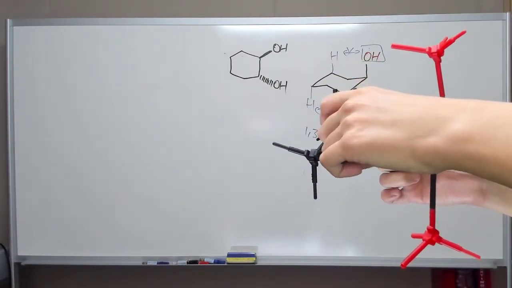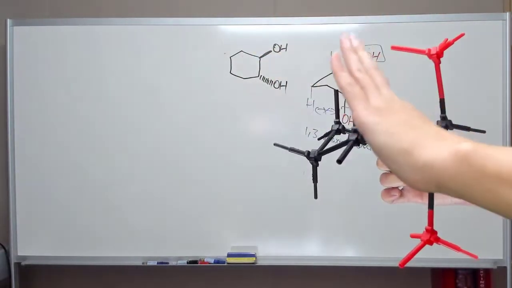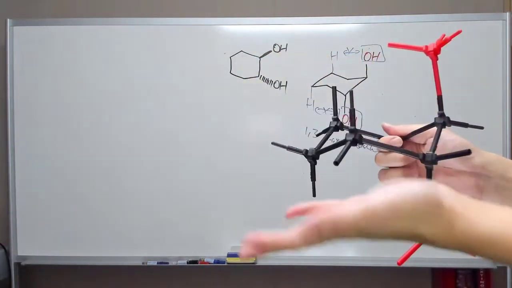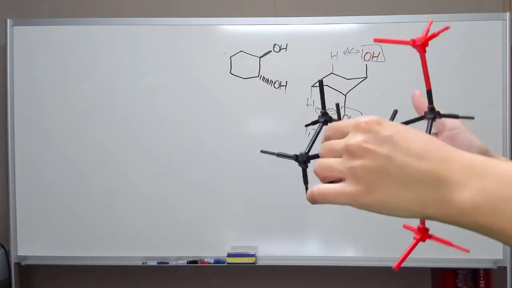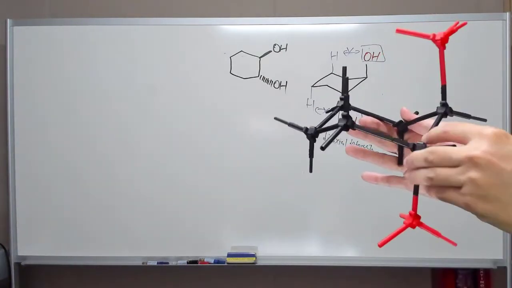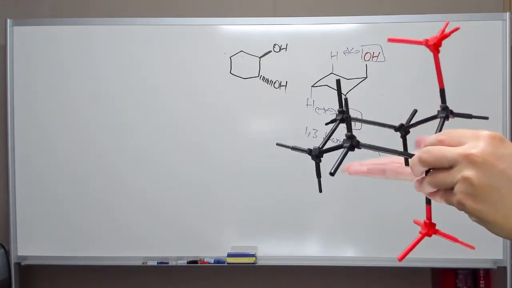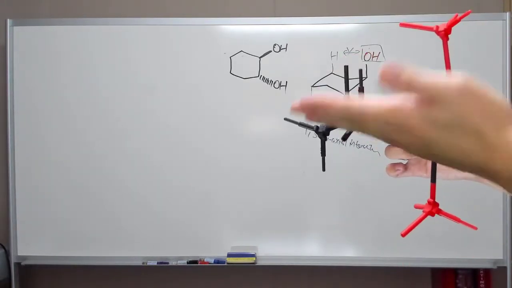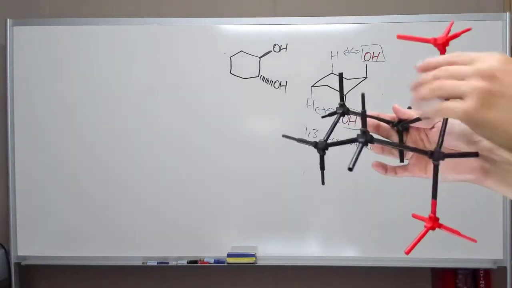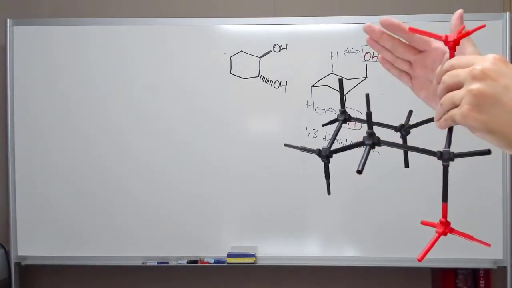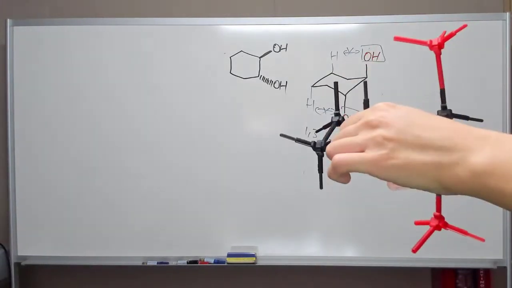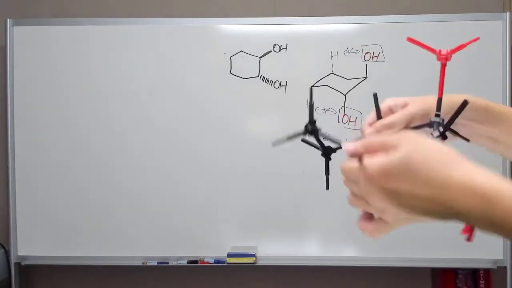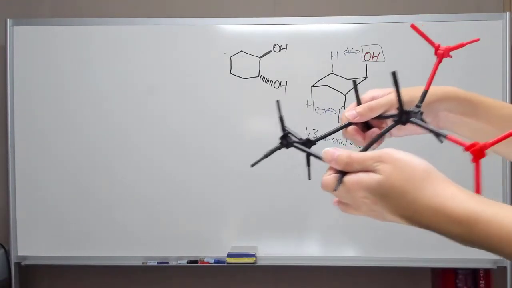When I do a ring flip, what's going to happen is this portion I will flip downwards, and this other portion I will flip upwards. I repeat, this portion I will flip down, and this portion I will flip up. Now watch, this is what's going to happen. What do you notice?